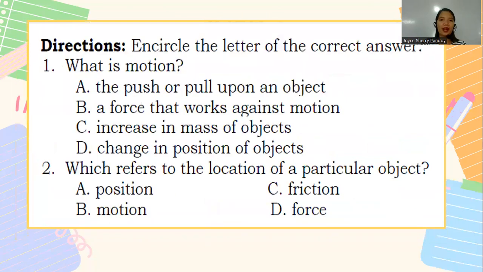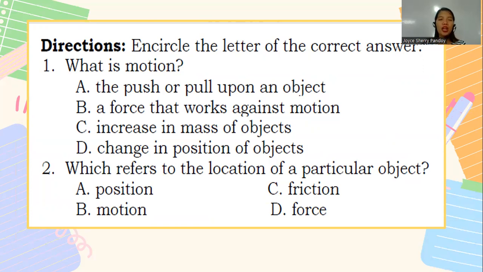So let's have the directions. Encircle the letter of the correct answer. Number 1, what is motion? What do you think is the correct answer for that? Yes, you are right. The correct answer for number 1 is letter D. It is the change in position of objects.